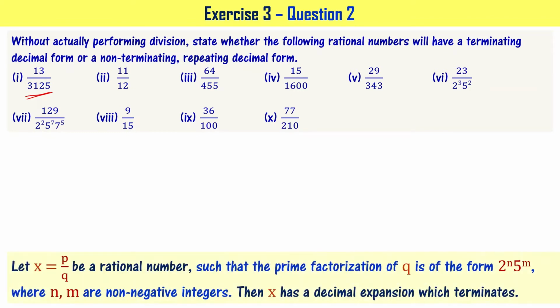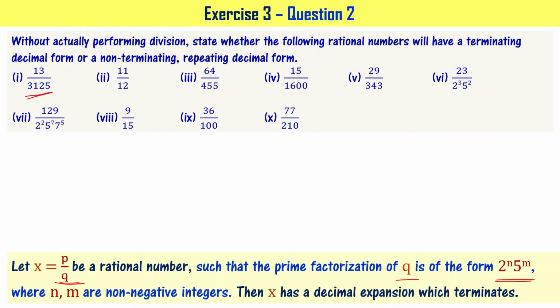You may recall the theorem you learned in this chapter that says: let x equal to p by q be a rational number. It means x can be written as p by q, where p and q are integers. That's why x is a rational number, such that the prime factorization of q is of the form 2 power n times 5 power m.